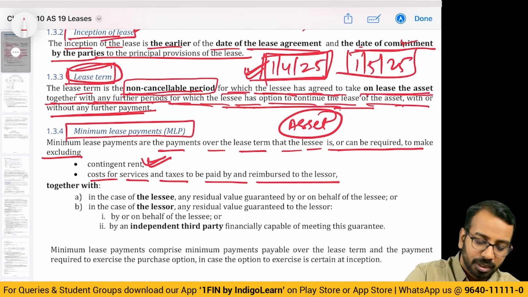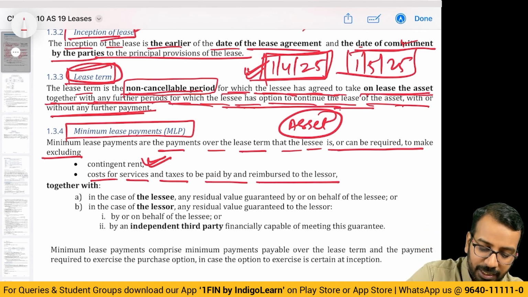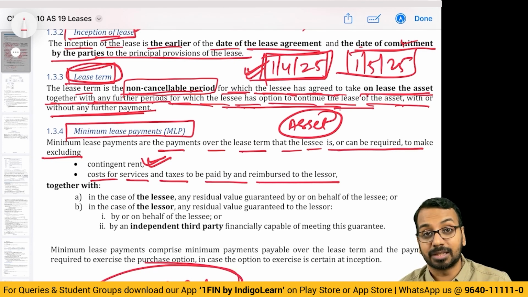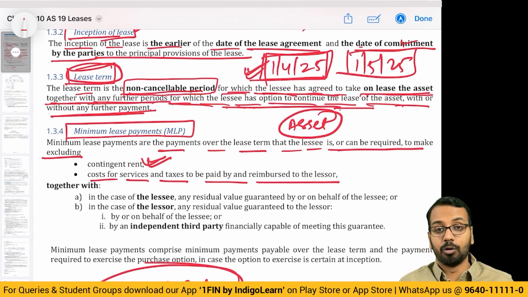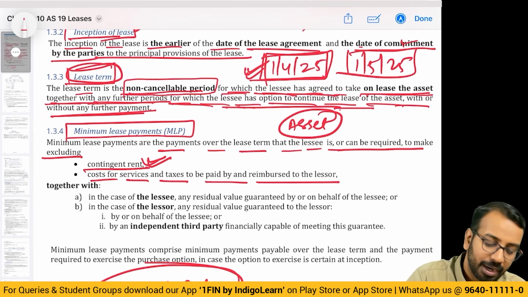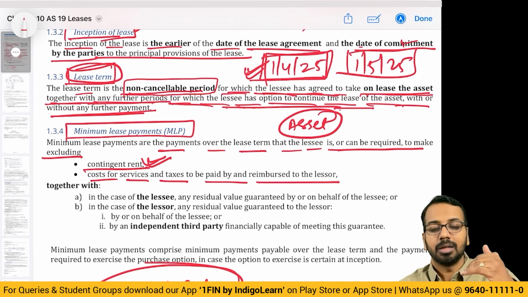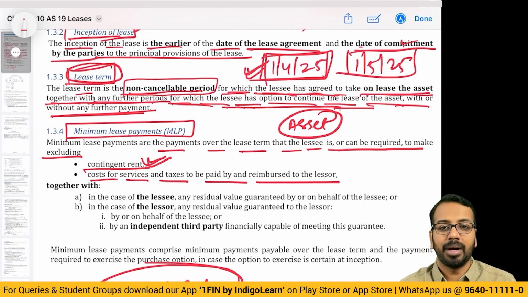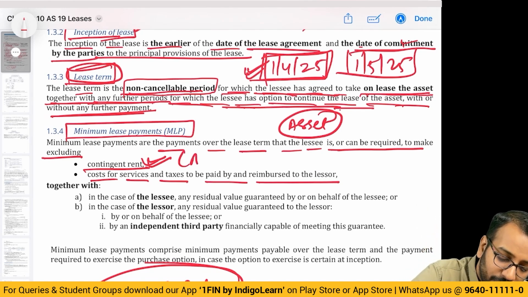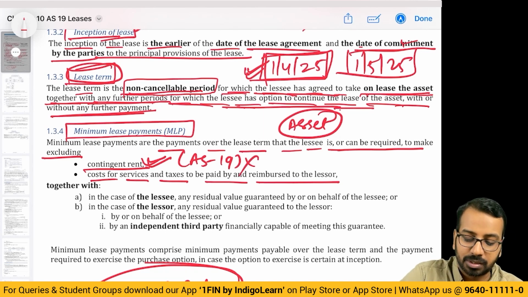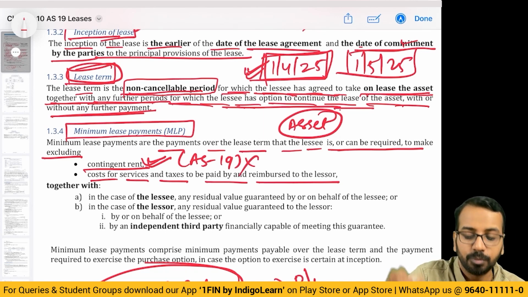For example, the rent could be 10% of sales. You have to pay 10% of sales. Now this 10% of sales, I don't know. If there are no sales, I don't need to pay. So such kind of contingent payments is excluded from the lease payment. When we say excluded from the lease payment, what it means is, for AS19 purpose, we will not consider it. So if I have to pay 10% on sales, I will directly charge it to P&L.